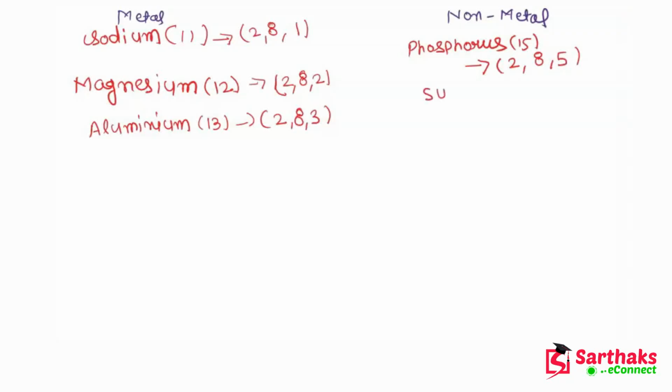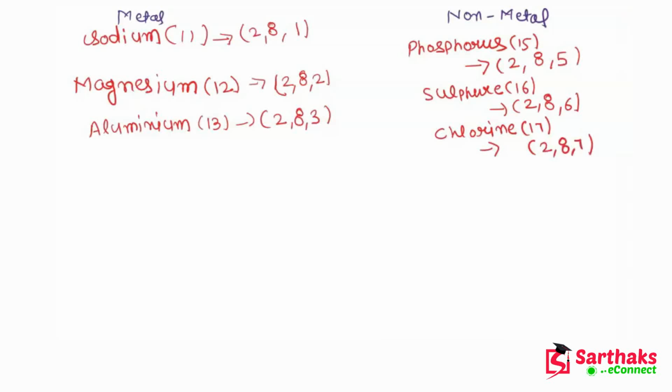Let's suppose that we have sulfur as well, whose electronic number is 16. And the electronic configuration will become 2, 8 and 6. And what about chlorine? The electronic number for chlorine is 17 and the electronic configuration is 2, 8 and 7.